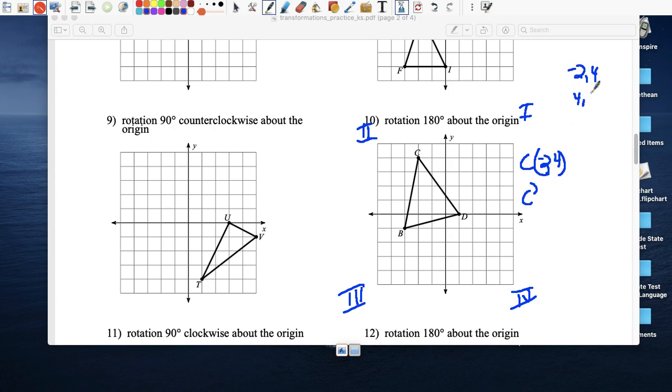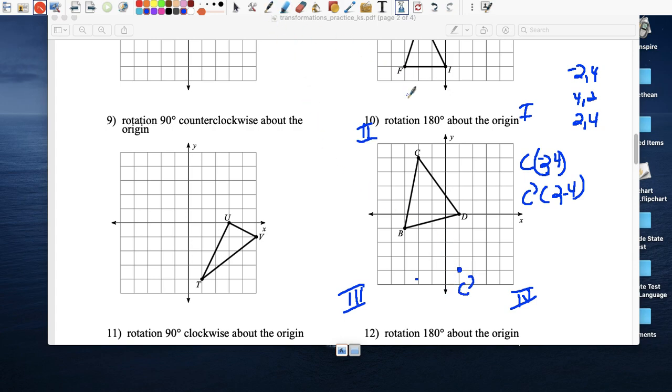It becomes 4 and 2, and then switch again, it becomes 2 and 4. So let's write that C prime is 2 and 4, and it goes from 1, jumps 1 quadrant, and jumps another quadrant. So point C lands in quadrant 4, and in quadrant 4, the y is negative. So it's 2, -4. So here's point C.